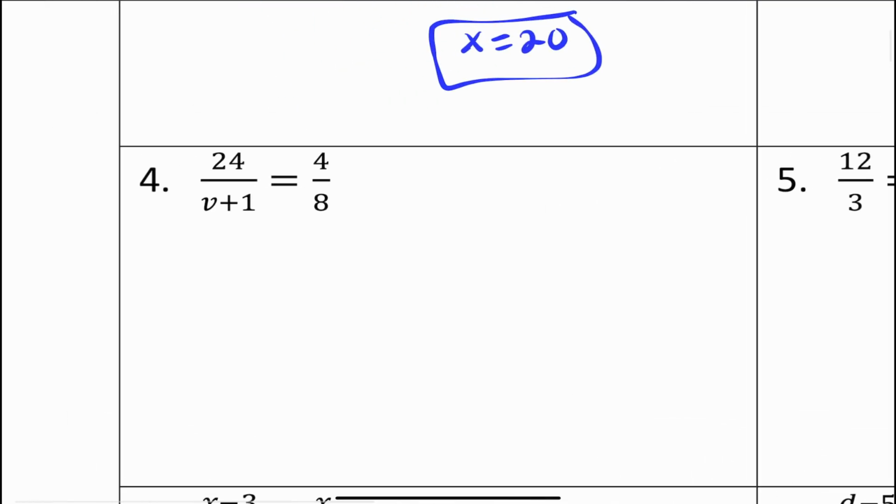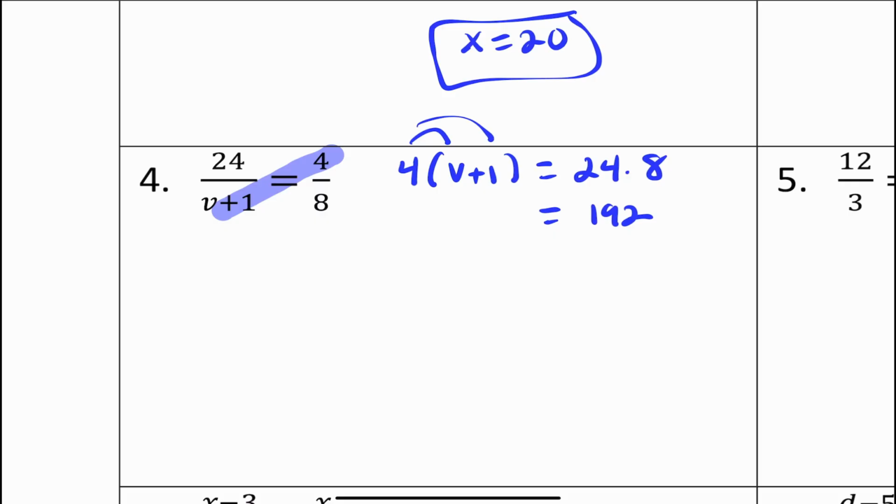Now, number 4 is a little different. Okay, so let's take a look at these two things, right? So it's 4 times the quantity of v plus 1. So you write 4 parentheses v plus 1 equals 24 times 8. So 24 times 8 is 192.